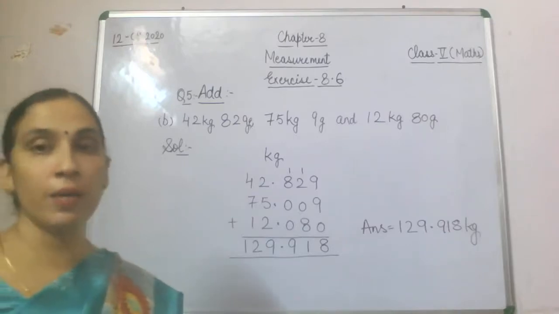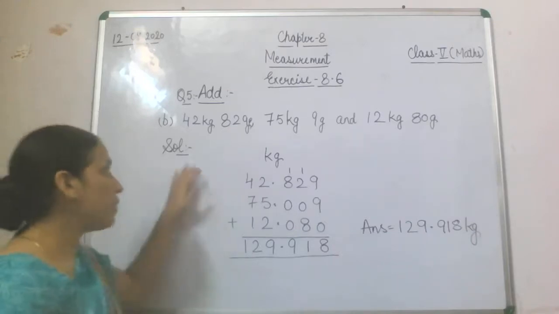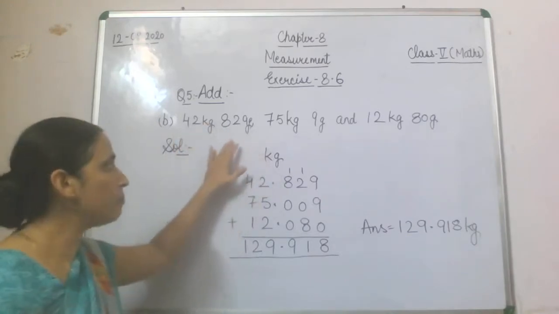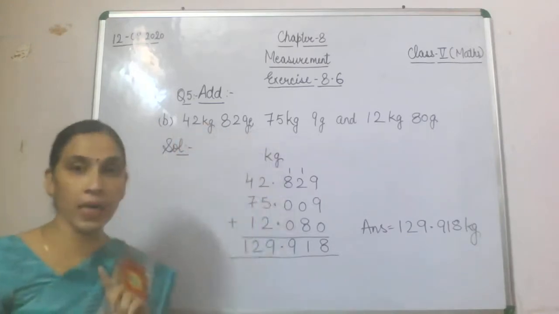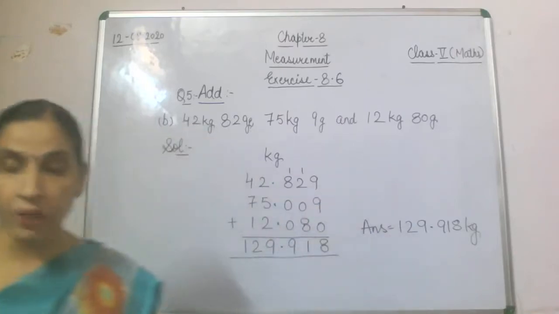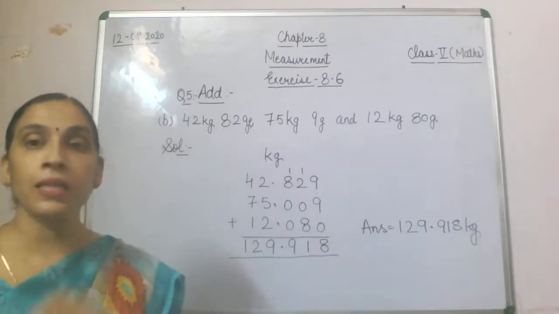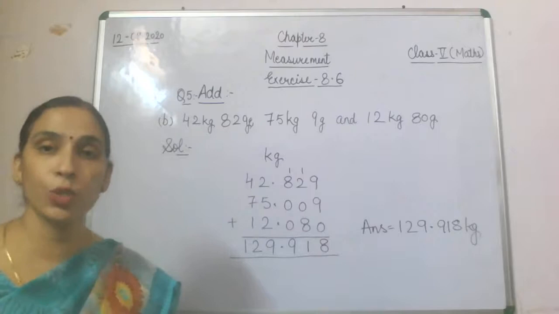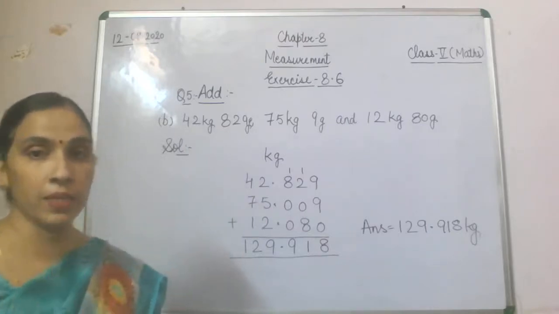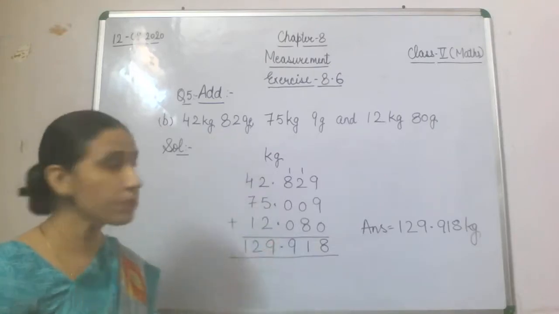So let's see one more time what is the weight given to you. You have been given 42 kg 829 gram, 75 kg 9 gram, 12 kg 80 gram. Whenever any weight is given in gram, you are supposed to change it into kg. Then after decimal you require 3 places. If you have been given 3 places, then no problem.